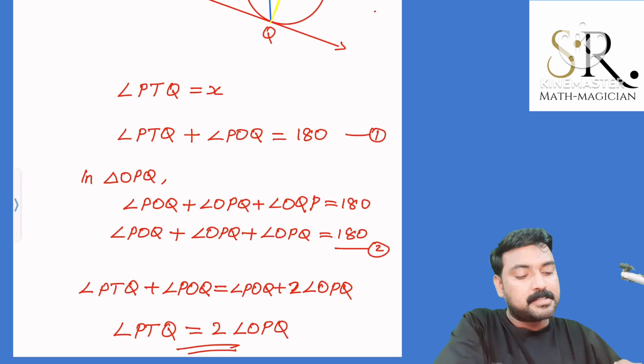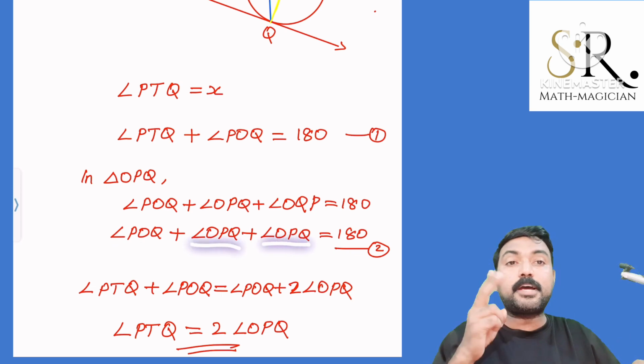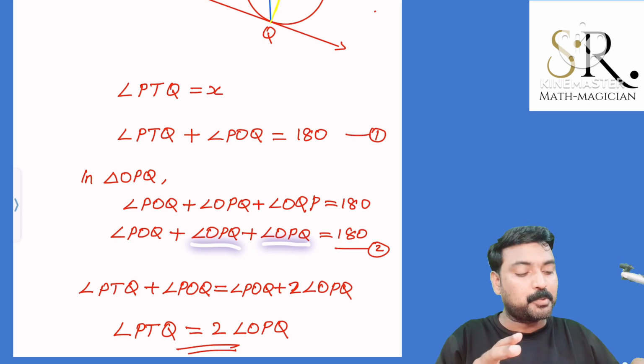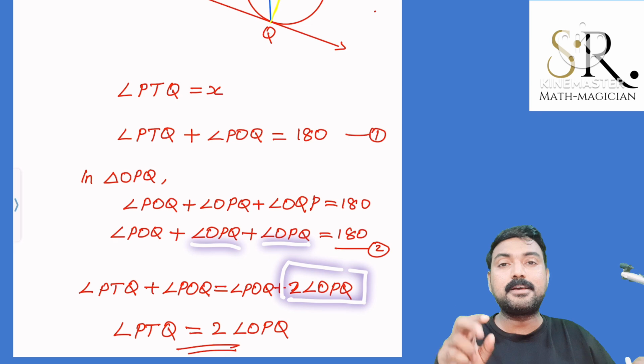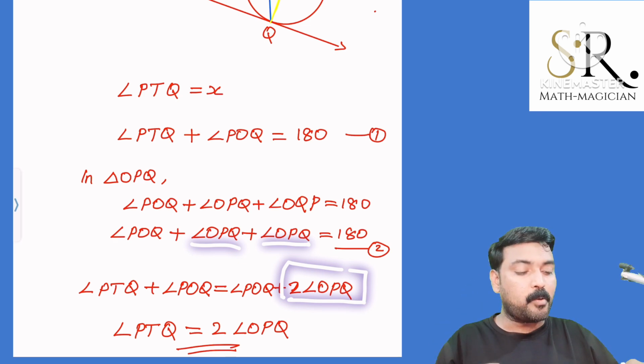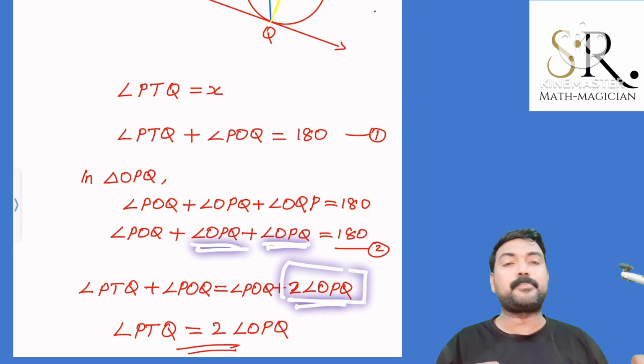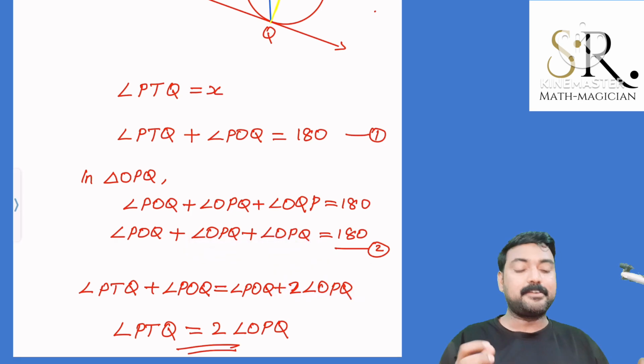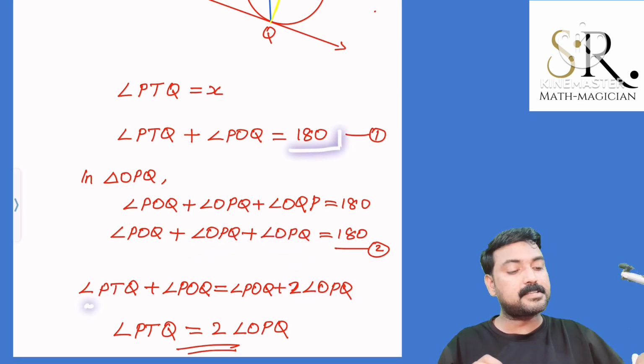The only difference is this is angle OPQ, and this is also angle OQP. When we add angle OPQ two times, what will it be? 2 into angle OPQ, because adding the same numbers means we can multiply by 2: OPQ plus OPQ is 2 angle OPQ. What we did was select the left sides of both equations because both answers are 180 degrees.